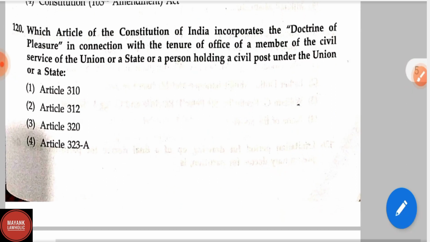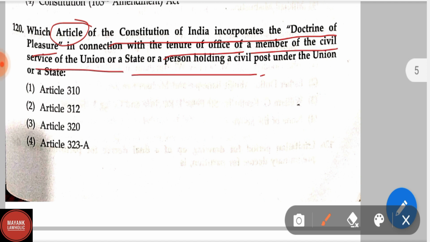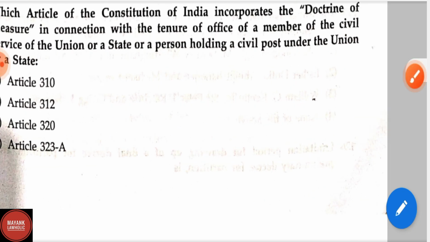Now let's see the question number 120. Which article of the Constitution of India incorporates the doctrine of pleasure in connection with the tenure of office of a member of the civil services of the Union or state, or a person holding a civil post under the Union or of a state? Options are Article 310, Article 312, Article 320 and Article 323A. Here the correct answer is Article 310.